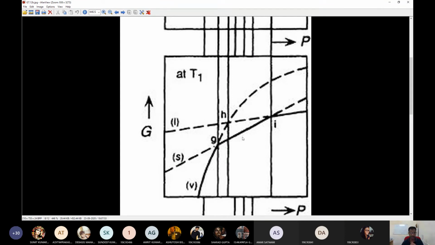So with a positive slope, how do you represent the free energy of vapor phase, where from this temperature to this temperature is got to be the minimum? It is, I think, slightly overtly curved. You could draw something like this, but from here to here, and then it goes beyond.